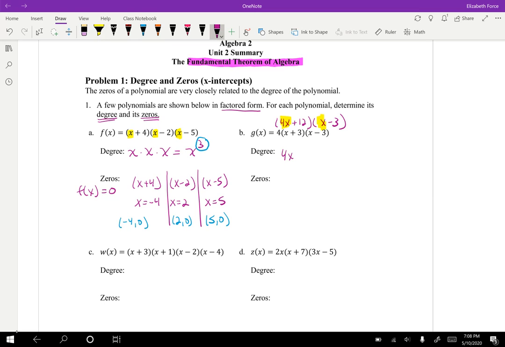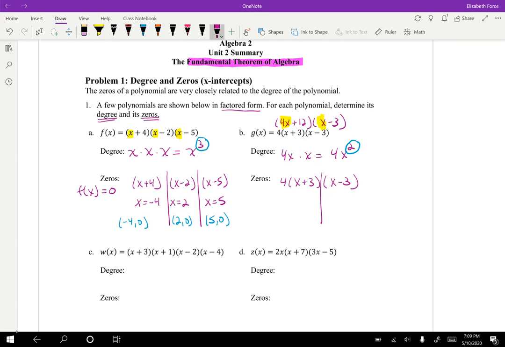So 4x times x is going to give me 4x to the second power. So that means we have a second degree polynomial, which basically means we have a quadratic. Now when I go do the zeros, 4x plus 12 and x minus 3, I don't have to worry about that 4 because there's no variable with it.